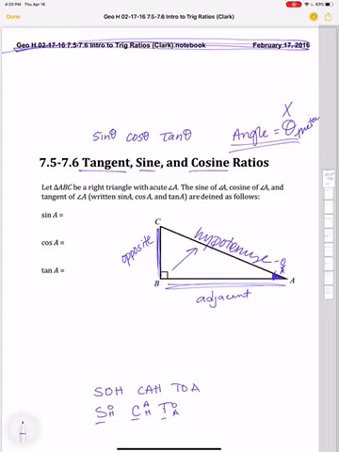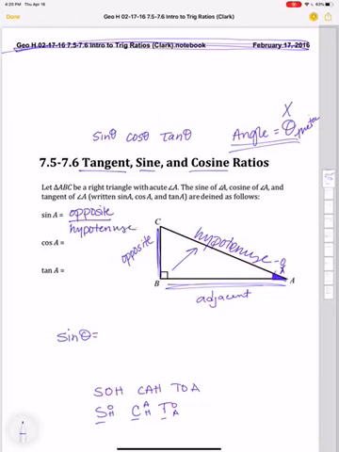So from this angle, if I'm standing here, the sine of A is the opposite over the hypotenuse. Now this is just something you've got to memorize.